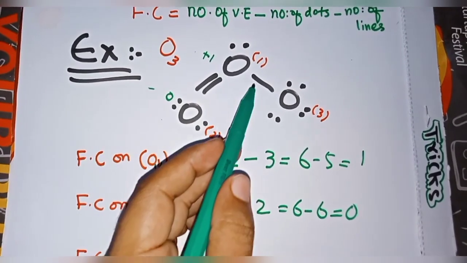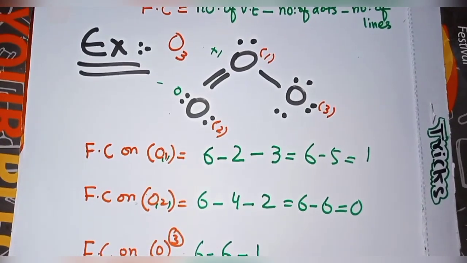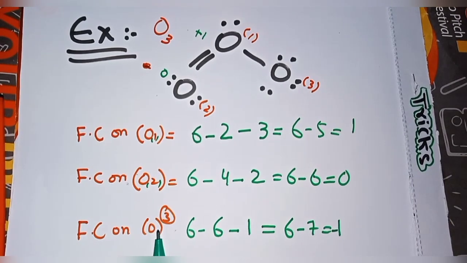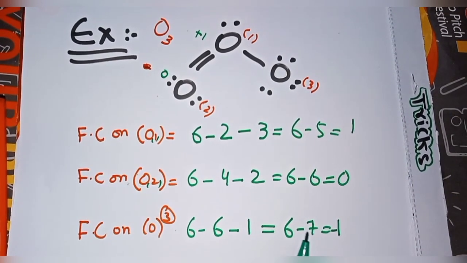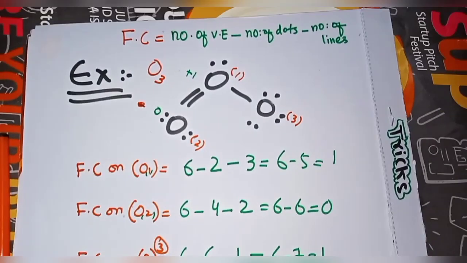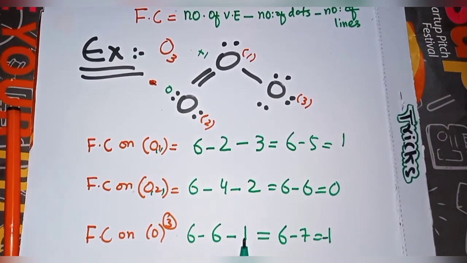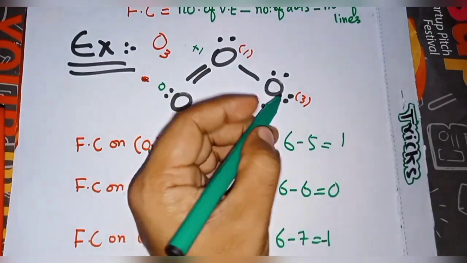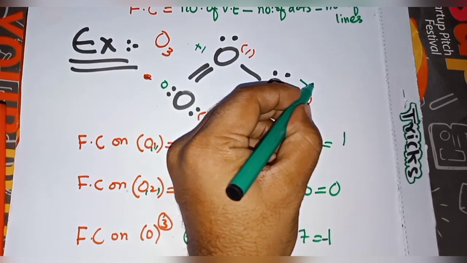The number of lines here is only one line. So the formal charge on the third oxygen is 6 minus 6, the number of dots, minus 1, the number of lines. So here we get minus 1. The formal charge on the third oxygen is minus 1.